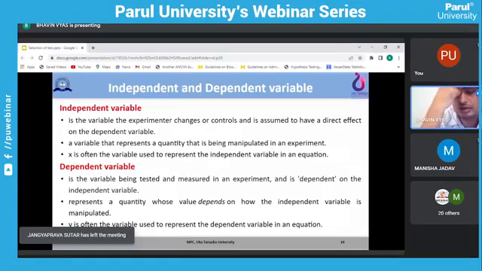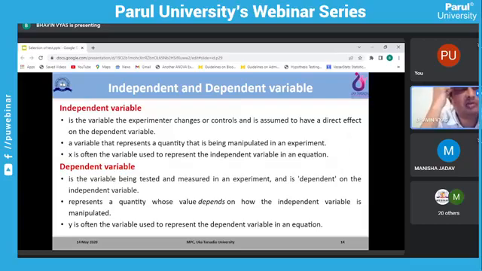Before starting that, I need to clarify two terms, dependent variable and independent variable, because what type of statistical test you can select for your hypothesis depends on how many dependent variables and independent variables you have, and at what level, only one level or two or three levels.